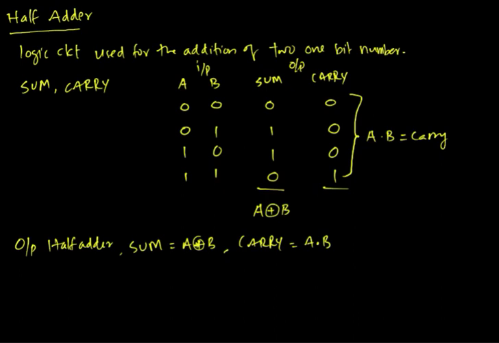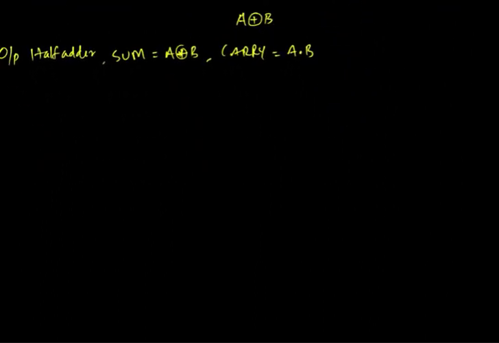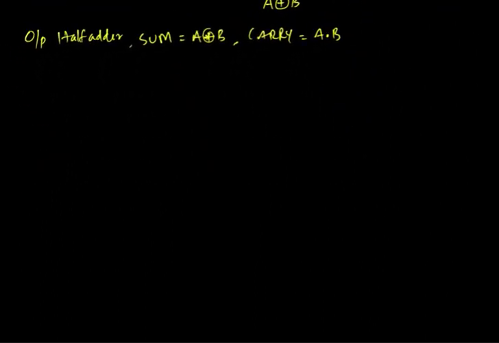Or we have to realize the half adder using basic logic gates. Simply, we can say that by using an AND gate and an exclusive OR (XOR) gate, we can construct a half adder.